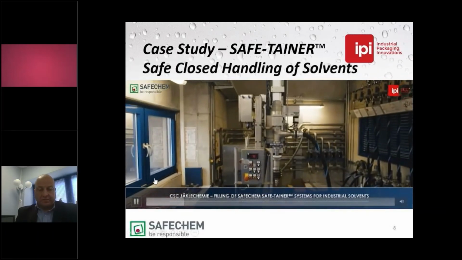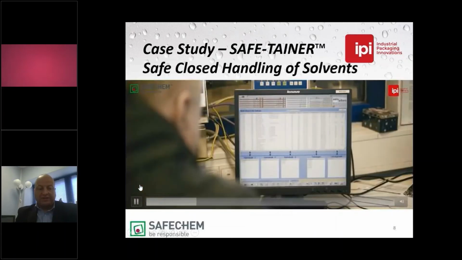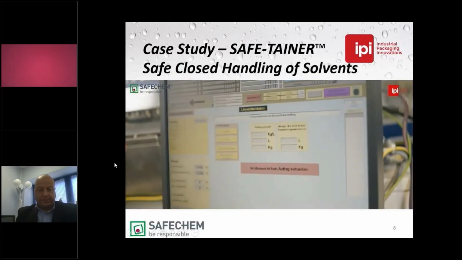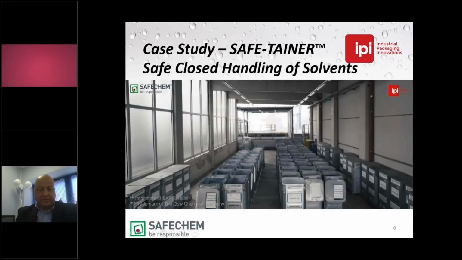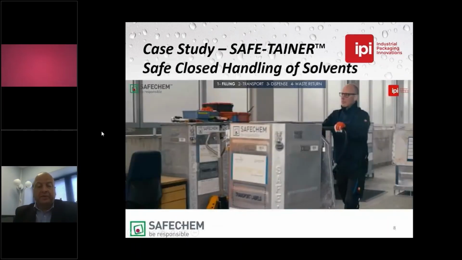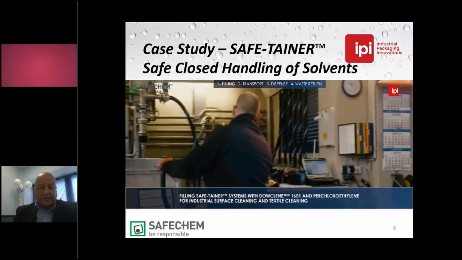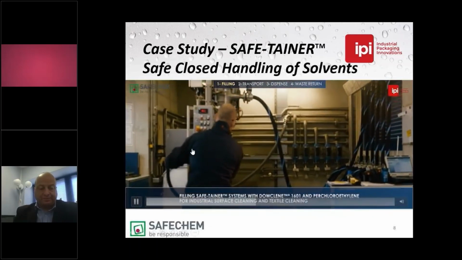This is the liquid transfer station, where the liquid initially is filled. You can see the containers are double-walled containers. So the container is taken up to be filled.